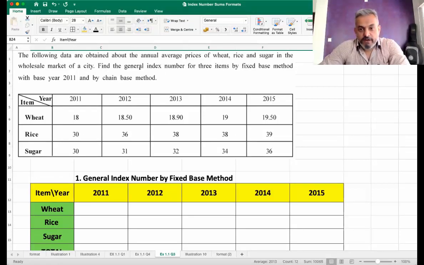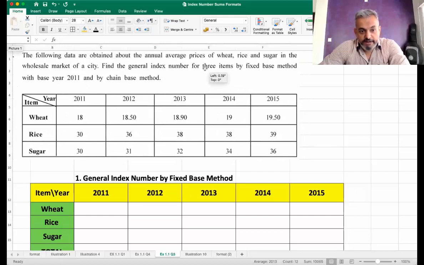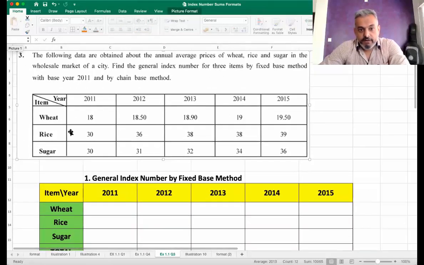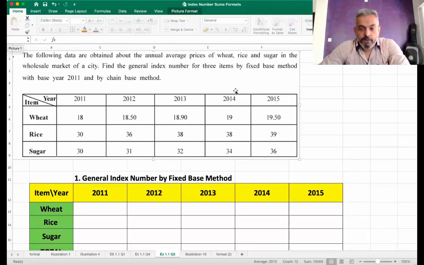Find the general index number for three items. So what are the three items? That is wheat, rice and sugar by fixed base method with base year 2011 and by chain base method.